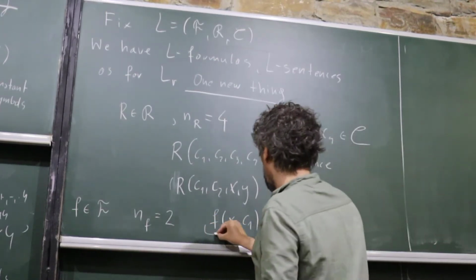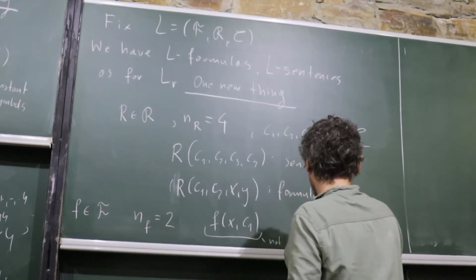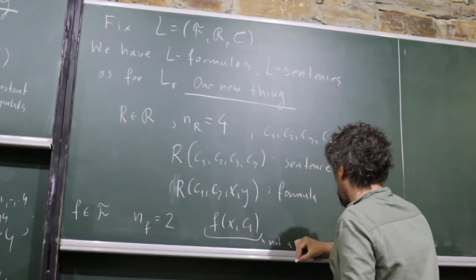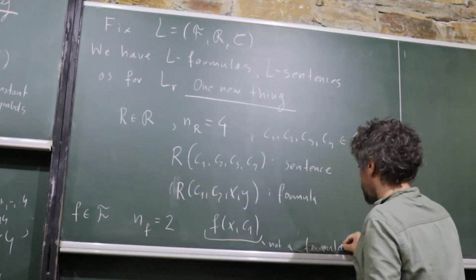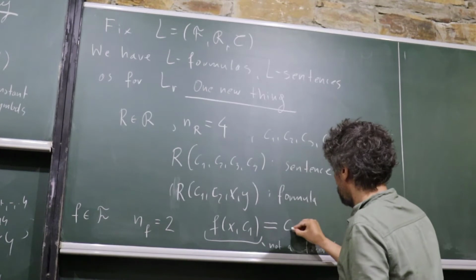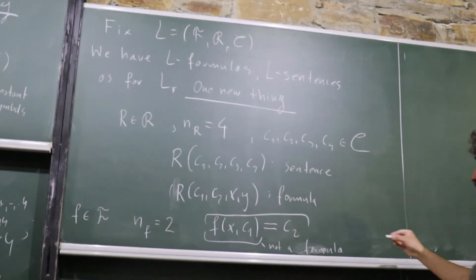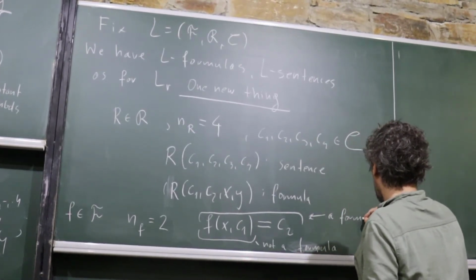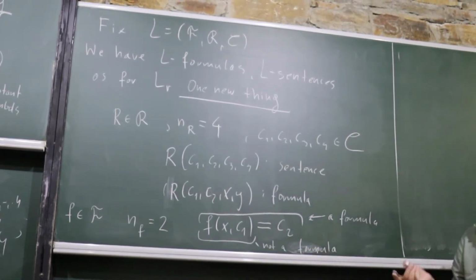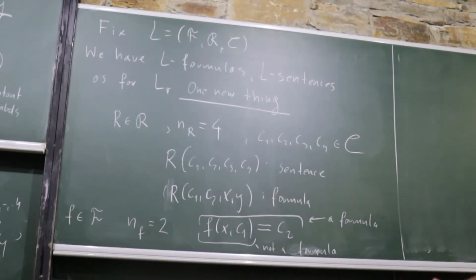So this is not a formula, sorry. But saying f of this equals something else, this is a formula. So just several examples, because before we didn't have this relation symbol.